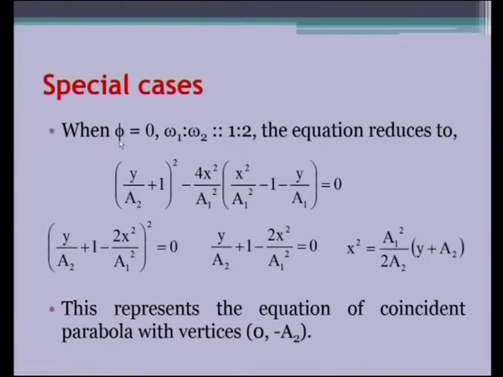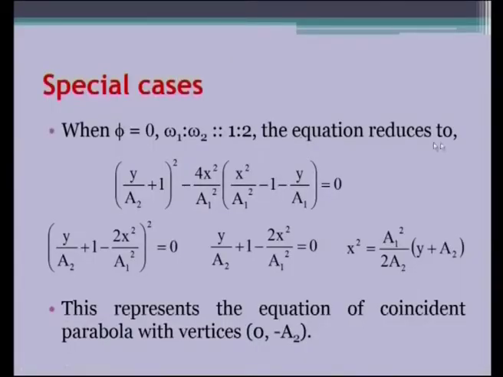When phi is 1, it is possible only with special cases. So, we go ahead with the special cases. The frequency ratio is omega 1 is to omega 2. That is the main thing we have got in this lecture. With varying frequency, we are handling this case.